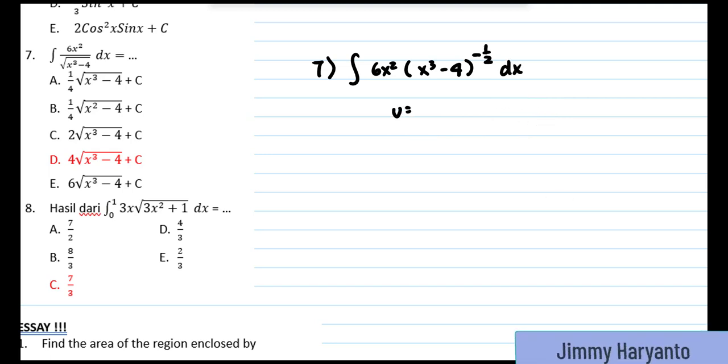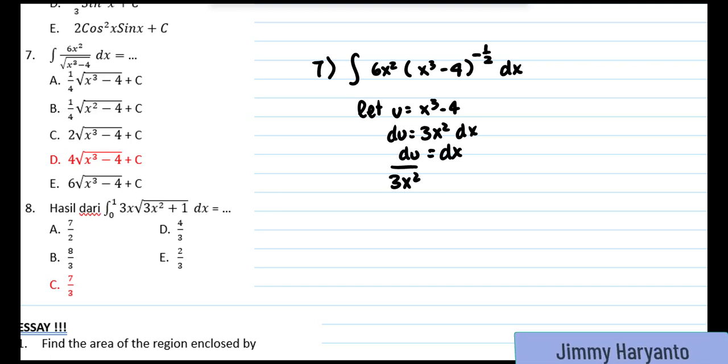Okay, and then after that I will let u equal x cubed minus 4. That means du equals 3x squared dx, and that also means dx equals du over 3x squared. Okay, so the next thing will be to change the equation.